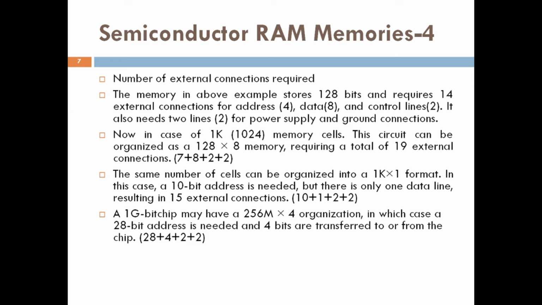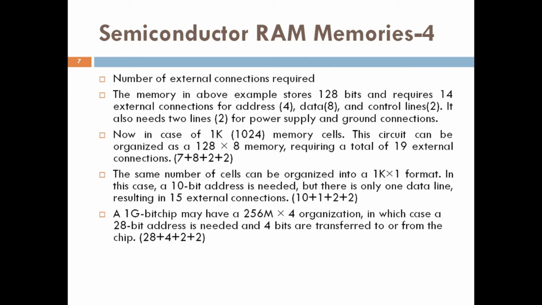Here, the required 10-bit address is divided into two groups of 5 bits each to form the row and column addresses for the cell array. A row address selects a row of 32 cells, all of which are accessed in parallel.